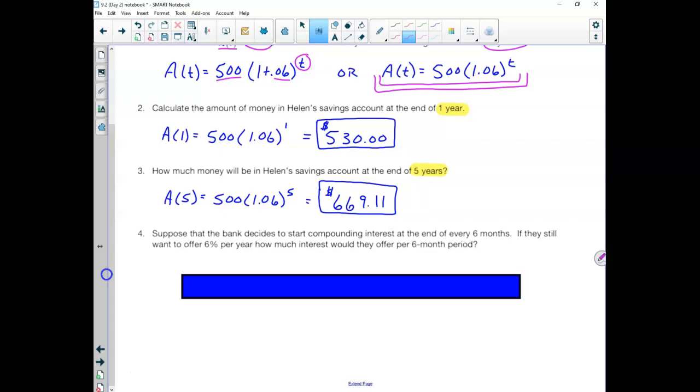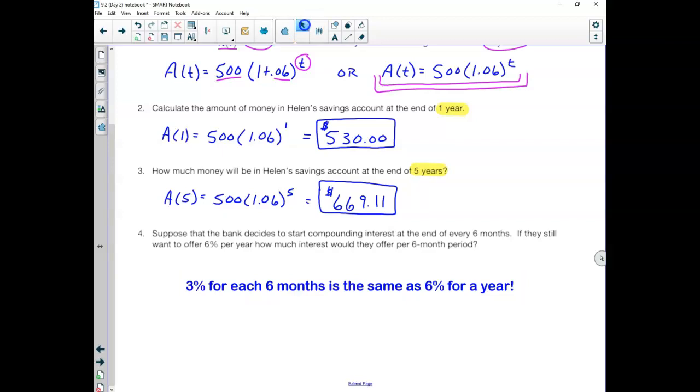Well, if they're going to be paying you a total of 6% a year, what they're going to do is divide that 6% by 2, because 6 months is a half of a year. So they're going to give you 3% for each 6 months. That's the same as 6% a year. However, you actually make a little bit more money because they're giving you interest at 3% for the first 6 months.